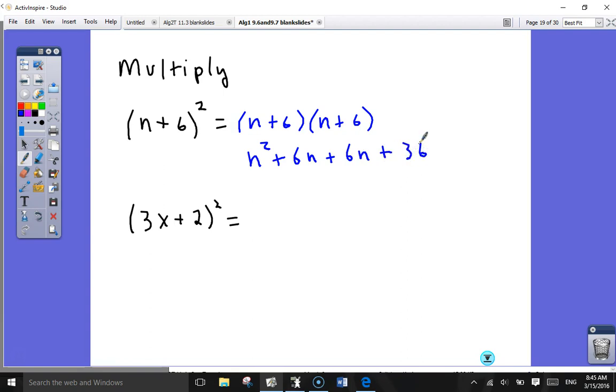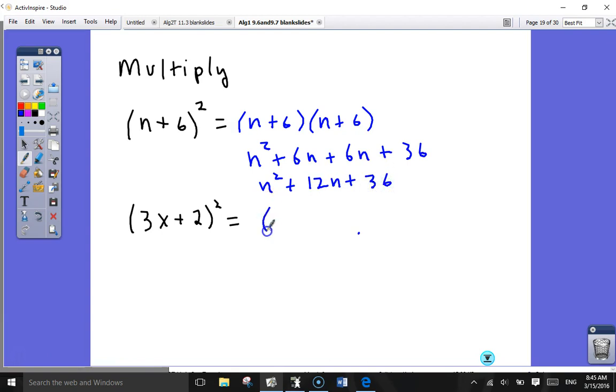It's the first term squared, n squared, the last term squared, 6 squared, and 2 times 6n, the inner product. 6 times n plus 6 times n. So it's n squared plus 12n plus 36.